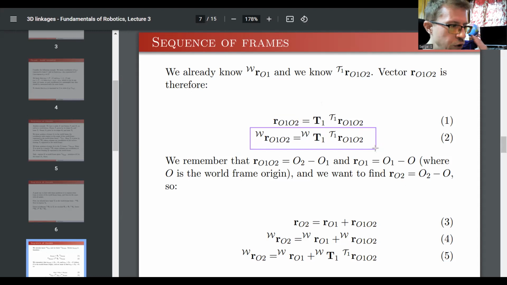Now, let me point your attention to one fact. We don't know coordinates of the world frame, right? We don't know anything about the world frame, how it's oriented, where the origin is. We don't have to know those things because this first expression is just true.